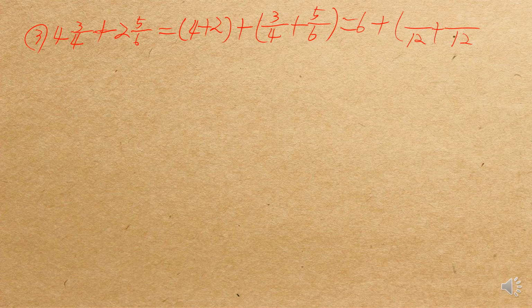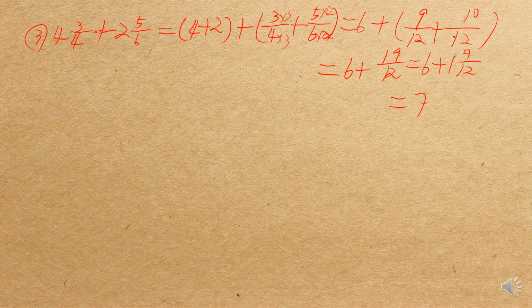Then 4 times 3 equals 12, 3 times 3 equals 9, and 6 times 2 equals 12, and 5 times 2 equals 10. So 6 plus 19/12 equals 6 plus 1 and 7/12. The final answer is 7 and 7/12.